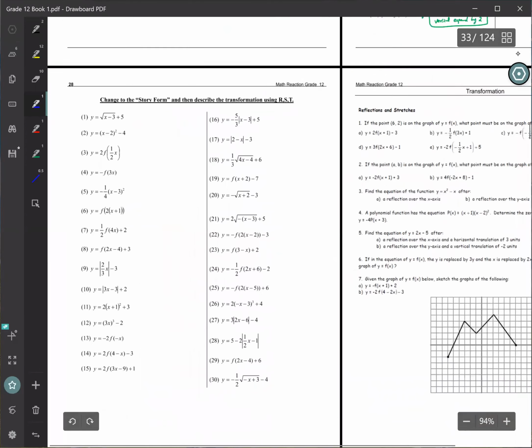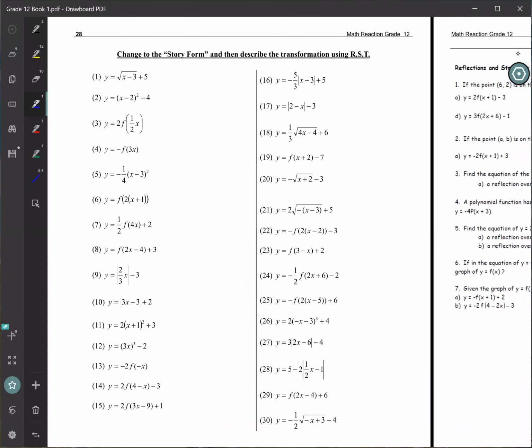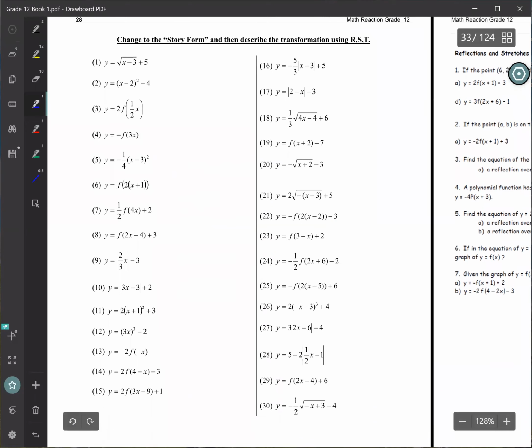I would like you all to turn to page 28, and I'll pick a few questions, maybe one of each kind, and then we'll try it together and see how it goes, to help you get familiar with the story form. So the first one, let's pick a square one, the one that has a square.